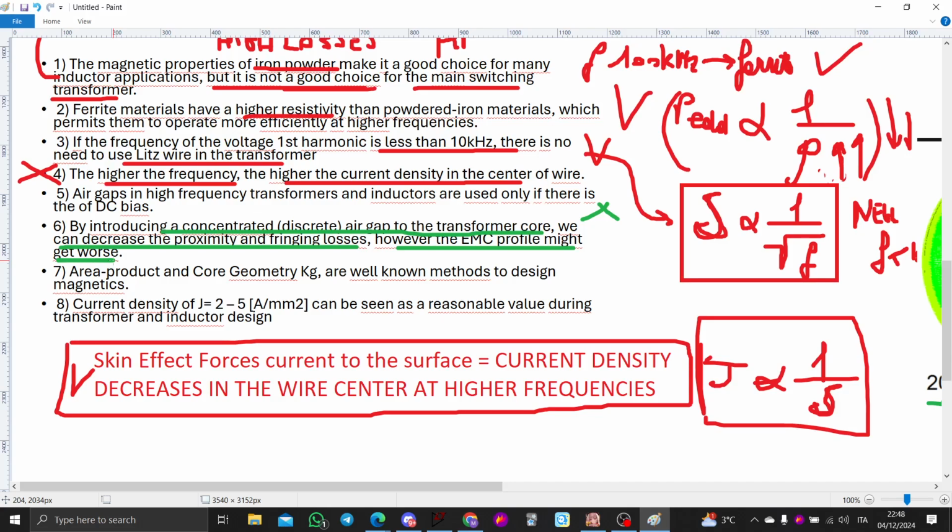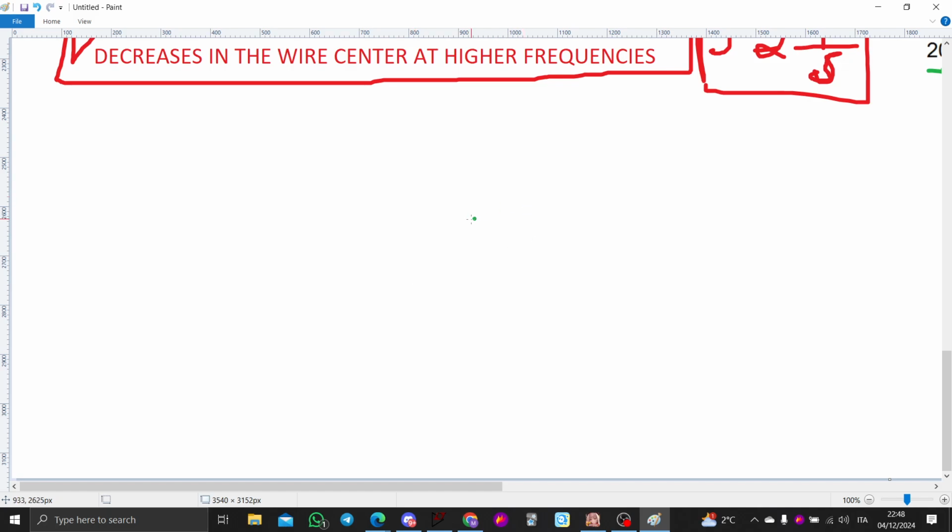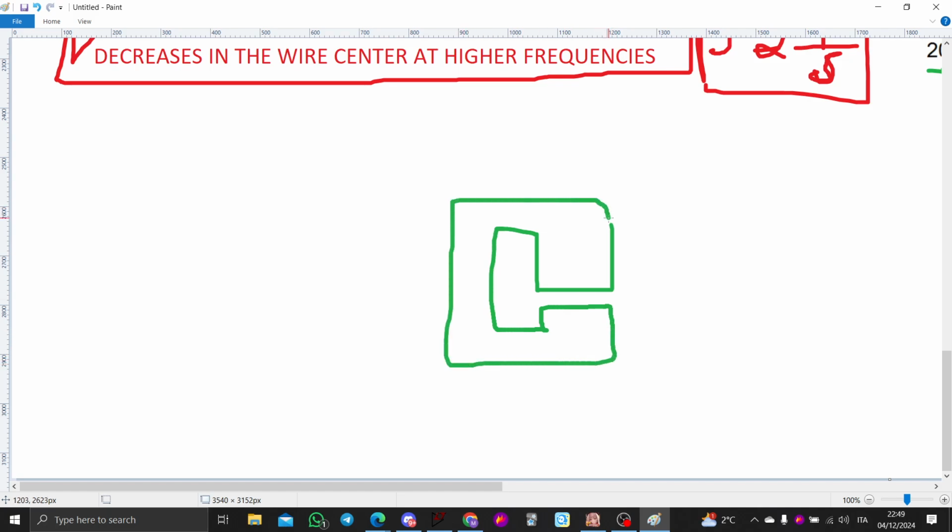Yes, this is true. Because when you introduce the gap, so basically, when you have a transformer like this, in the border here, let me zoom this part.